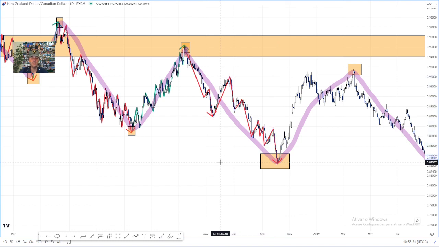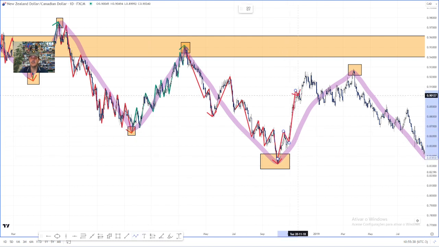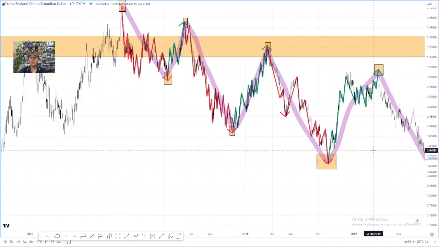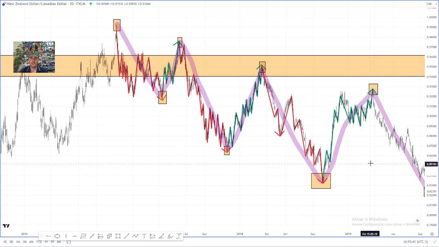You're going to learn about, maybe you've heard about, false breakouts: retracement, higher high, higher low, higher high, higher low, consolidation, higher high, higher low. This is what is going to take you, everybody, practice, practice, practice.